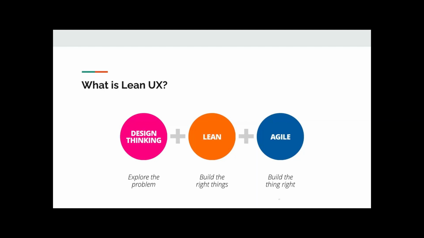If you make it too complicated, people will not be able to use it properly. They will be confused with a lot of things that you put on the apps or on the website, right? So it's a very critical part of Lean UX to have design thinking where you actually explore the problem before building something properly, right? The second one is lean UX or lean startup.